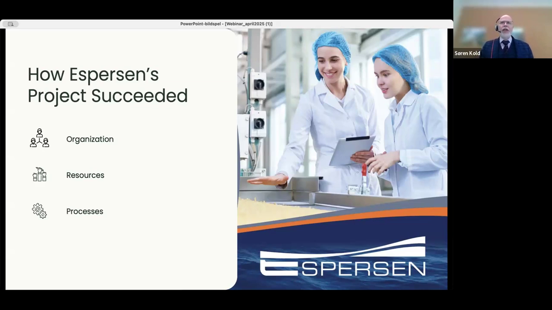We need to configure the system. We need to define and perform the tests, and we need also both the key employee and the end user to receive some education. The education was done first to the key employee, and then the key employee did the final education of the end user in order to give them even more training in the system.